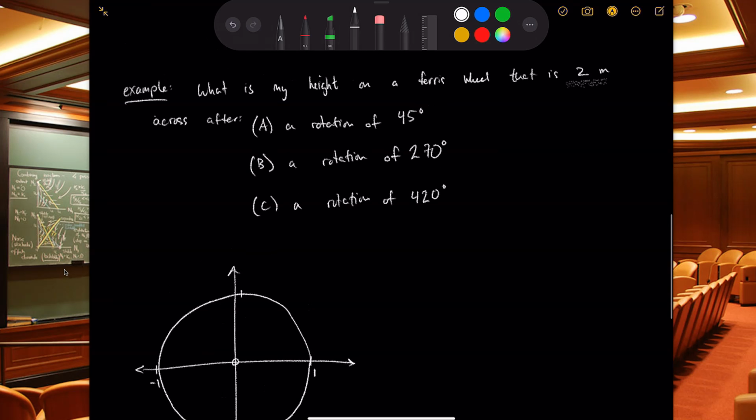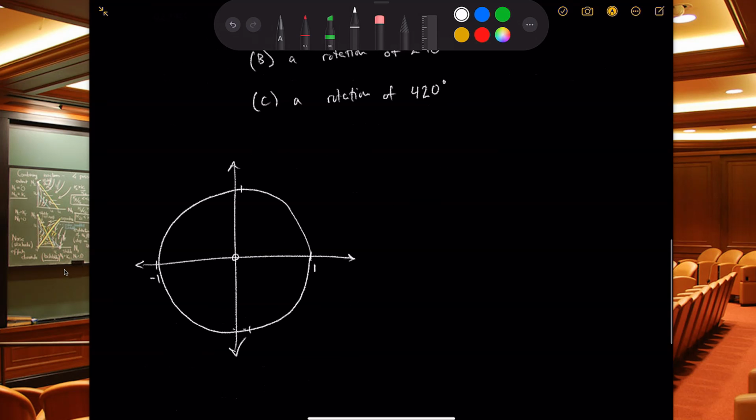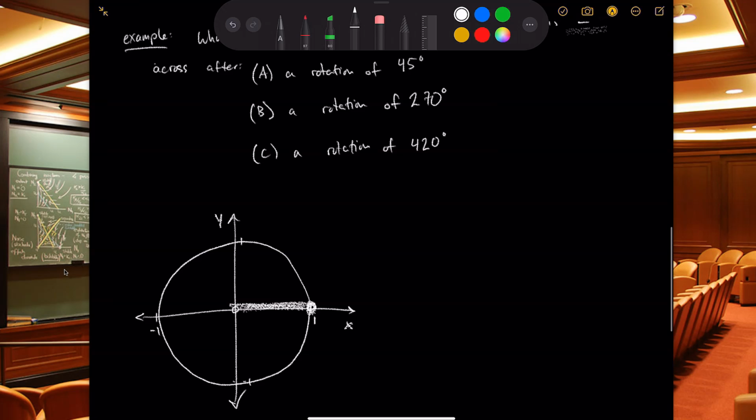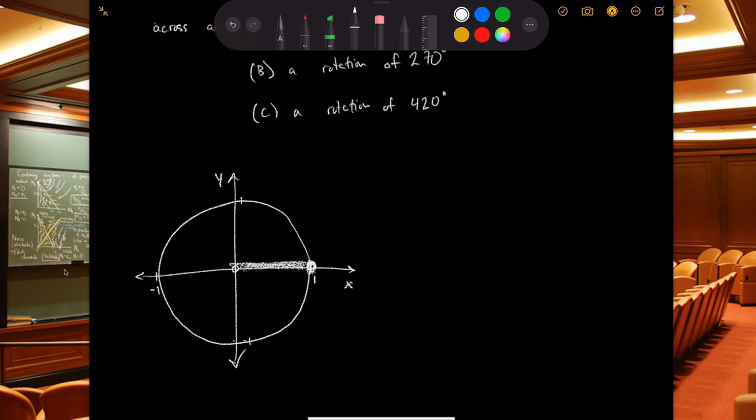So here's our Ferris wheel. And after a rotation of 45 degrees, again, if we start at the 0 point here, the 3 o'clock position, 0 rotation from the x-axis, and we go up 45 degrees, 45 degrees is halfway between 0 and, if this is 90, should be halfway right about here.